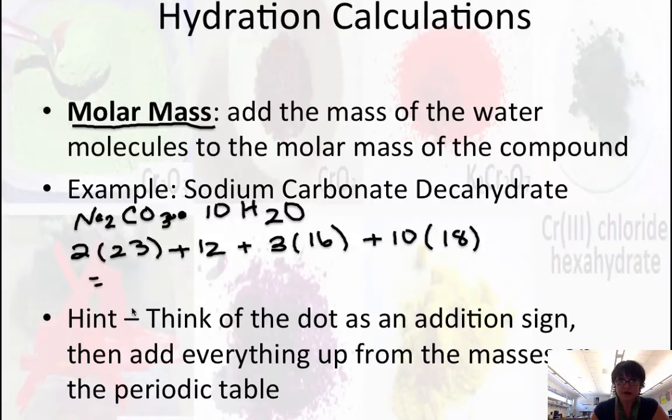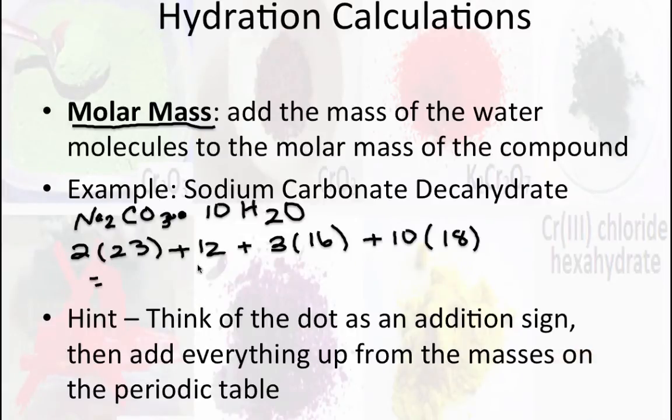So get your calculator and add this up. In sodium carbonate decahydrate, oh, I didn't add up this mass. What was I thinking? Get your periodic table out and let's do it.